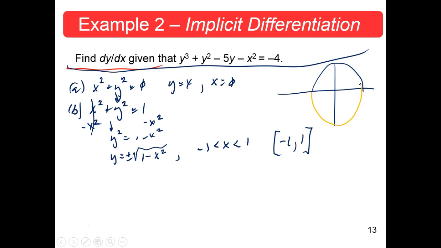Now, is this differentiable at negative 1 and 1? Why not? I don't know, because it's a circle. It is a circle. Vertical line test.